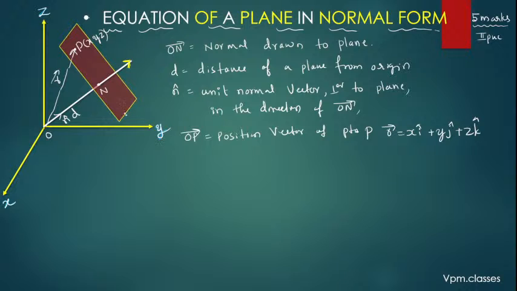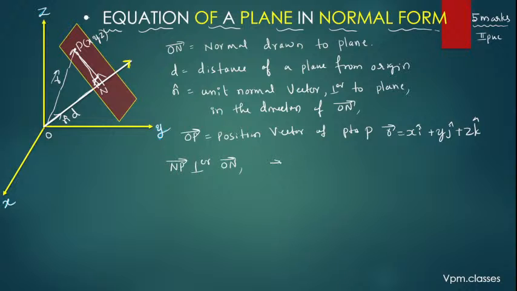Then I will join the points P and N. So join NP. This NP is perpendicular to ON. You can observe here my NP vector is perpendicular to ON vector, right?